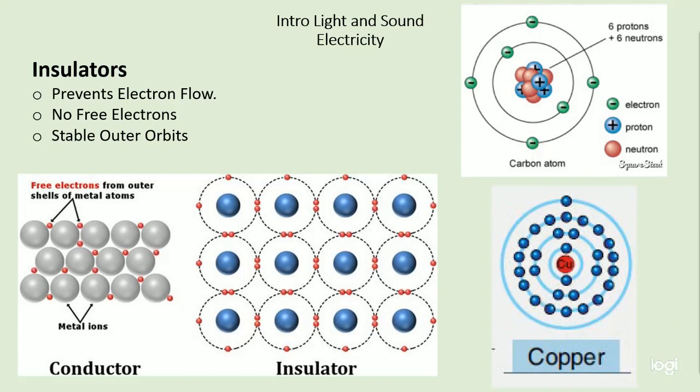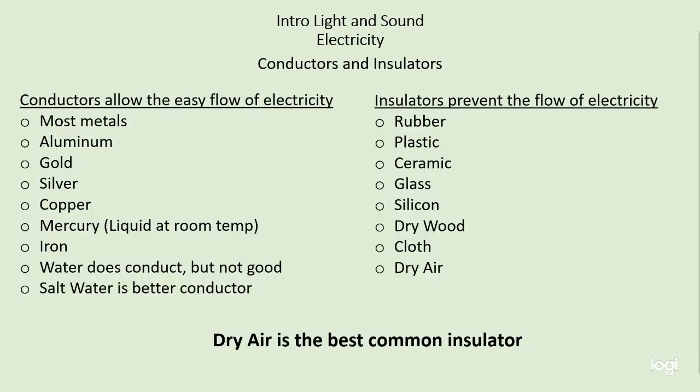Let's look at what insulators and conductors are. Conductors that allow the flow of electricity are most metals: aluminum, gold, silver, copper, mercury. Mercury is liquid at room temperature, but it's a metal and it allows flow. Iron. Water does conduct electricity, and yes, don't drop your toaster oven into the bathtub.